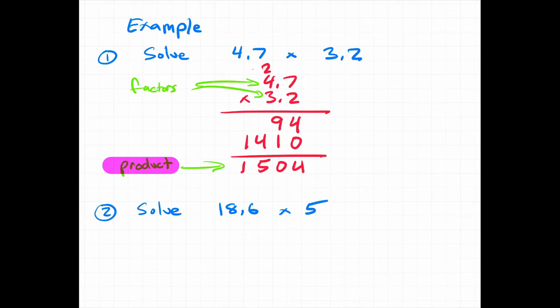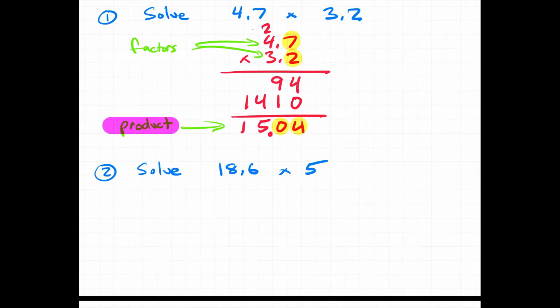Now in the factors, how many numbers are behind the decimal? Well, I have 2 numbers that are behind the decimals. So in my answer, I'm going to need 2 numbers also behind the decimal. So my decimal number is going to go right there. So the answer to this question, the product, is 15.04.